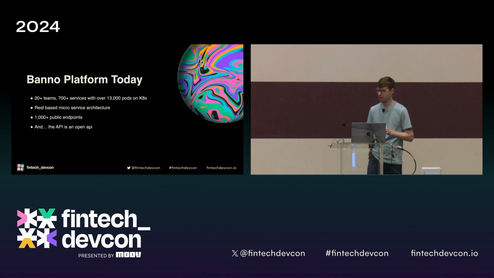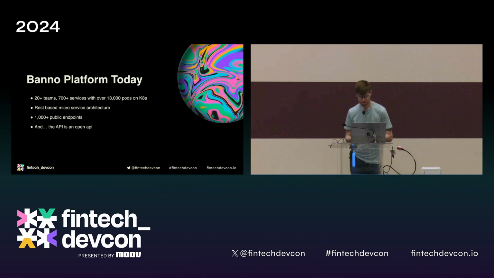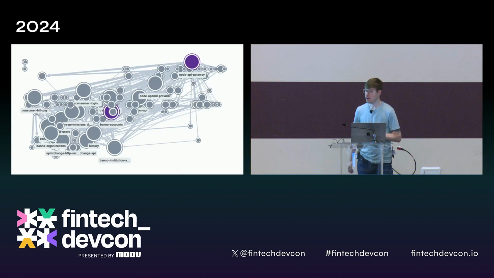And we're a REST-based microservice architecture for the most part. We have 1,000+ public endpoints. And the other issue is that we're an open API. So it's not just ourselves consuming ourselves like it used to be. If you were to go into Honeycomb today, that's what you'd see. It's not nearly as bad as the ones that I think Spotify showed at one point, but it's getting there.